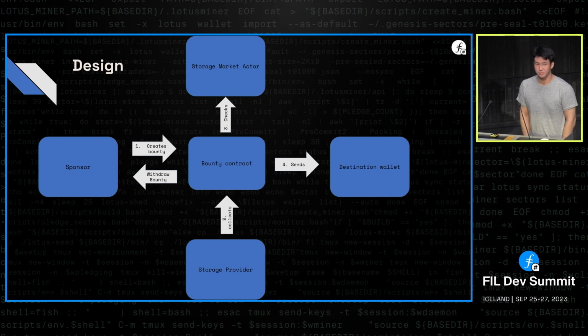I have two questions actually. We'll start with one. What about when the deal expires? Is there a way you can use this to continue paying for your storage? Currently, the plan is for the client to just create a new bounty. That's probably the most manual way. A slightly less manual way is that when something expires, we could send events, and the client could be notified to create a new bounty.